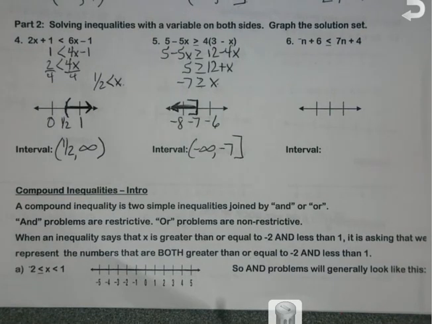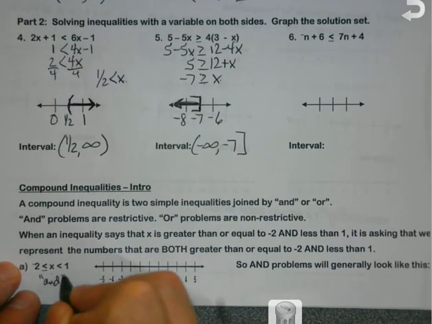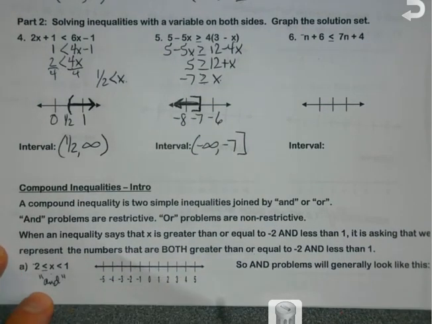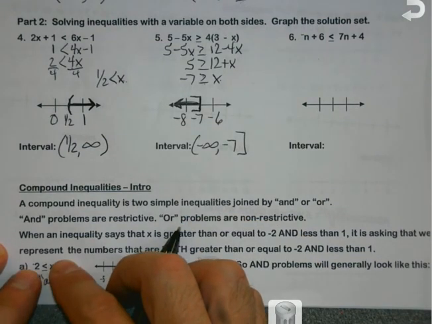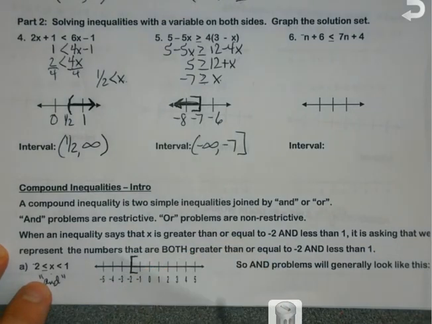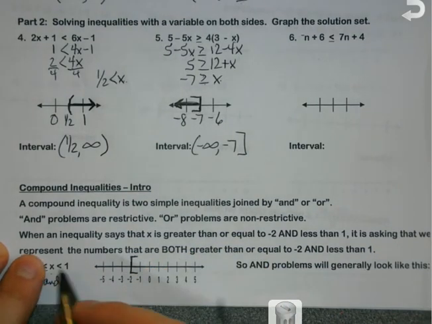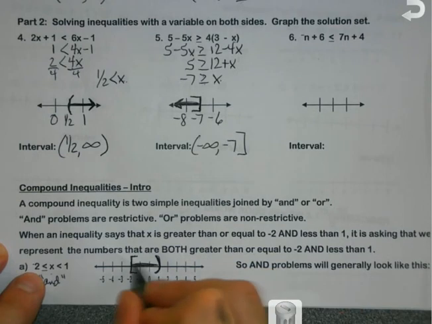So when we see the word and, we get things that look like this with our compound inequalities. So then we can go, okay, so if x is greater than or equal to negative 2, that's worthy of a bracket. But x is less than 1, worthy of a parenthesis. We can mix and match with those.